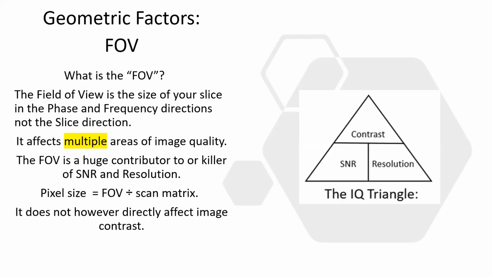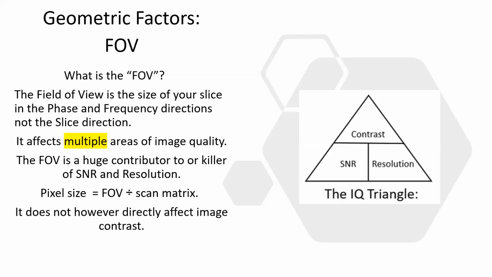And I'm going to show you some math in just a minute. So the field of view is what also determines your pixel size, your field of view divided by your matrix. So again, they might give you this big word problem with all kinds of stuff in it. And then at the end say, what's your pixel size? Just to try to confuse you.